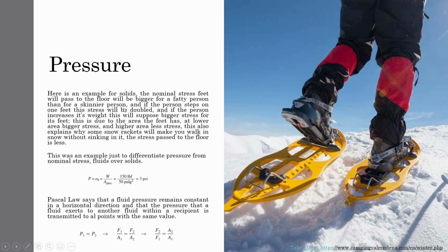That's why if we increase the area, the pressure will be lower. That's why using these snowshoes lets us move on the snow and not sink into it, because the pressure is spread through all the area instead of going into just one foot. This is just a simple example to differentiate pressure from normal stress, fluids over solids.